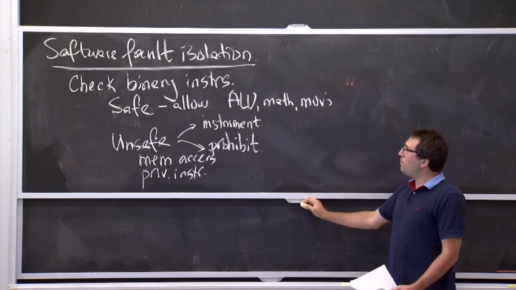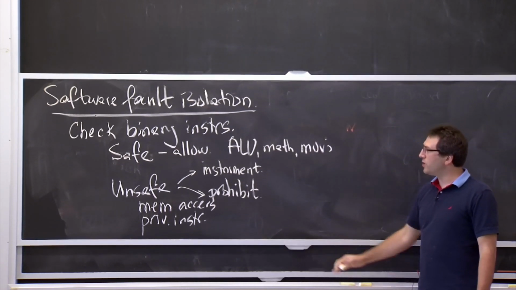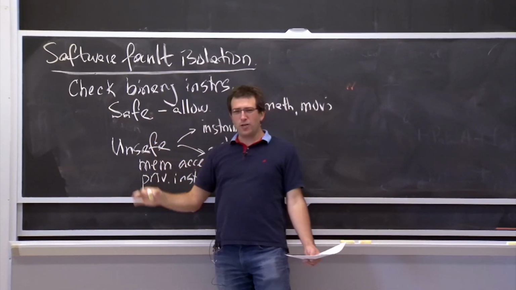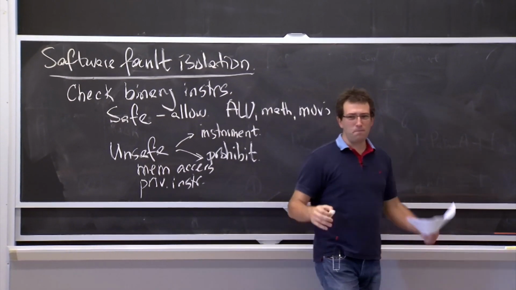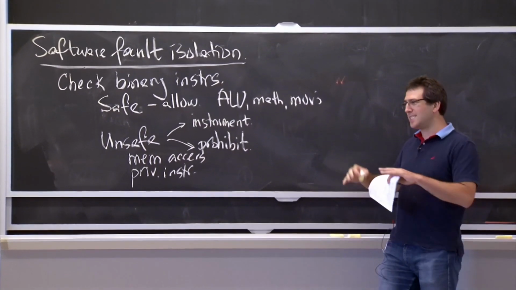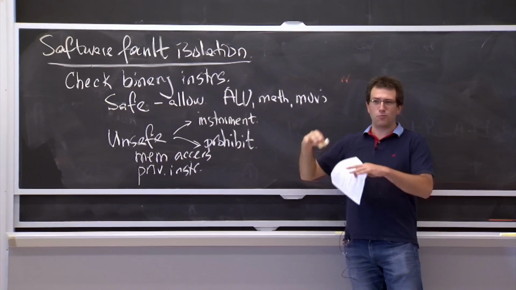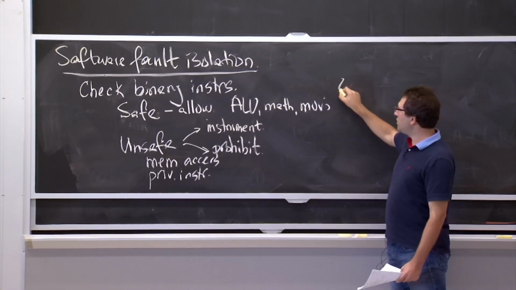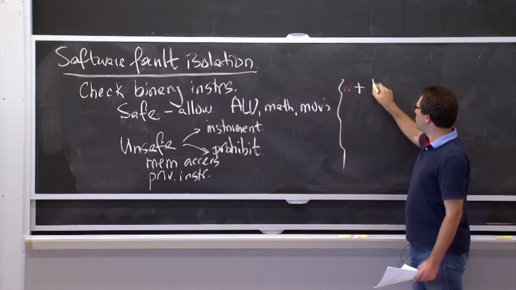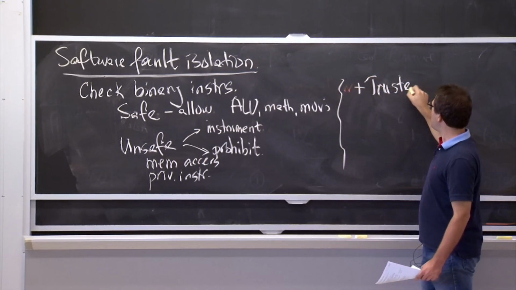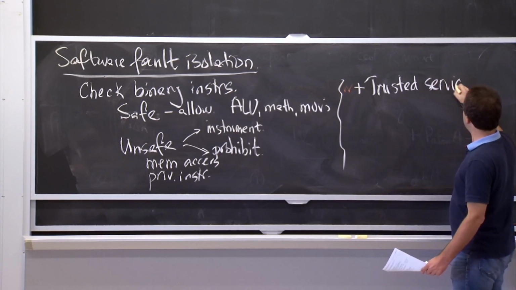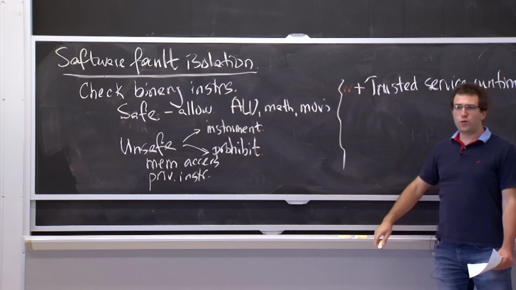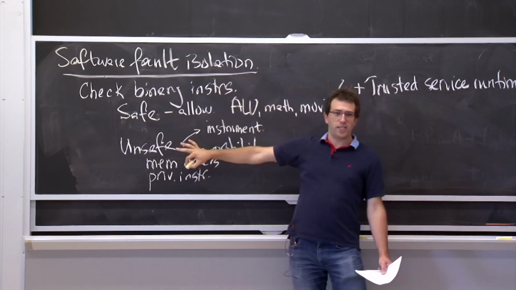And I guess there's one more part to the software fault isolation story, which is that once you've made sure that everything is safe, then it can't actually do anything terribly interesting other than compute stuff in its own little memory. So it can't access the network, can't access the disk, can't access your browser, display, keyboard, almost anything. So in pretty much every software fault isolation story, there's actually also some trusted service runtime. And this trusted runtime is going to not be subject to these checks on its instructions.